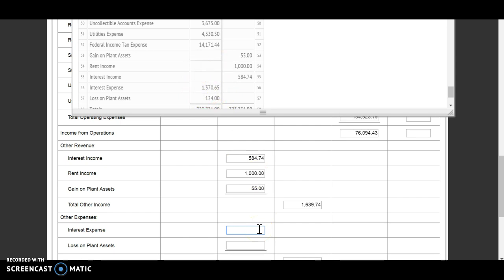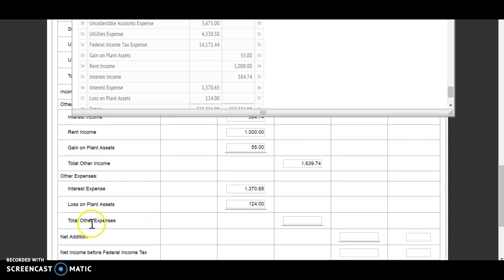My interest expense is $1,370.65. And my loss on plant assets is $124. I need to figure out my total other expenses by adding those two numbers together. My total other expenses is $1,494.65.